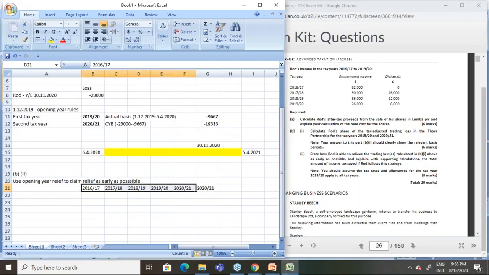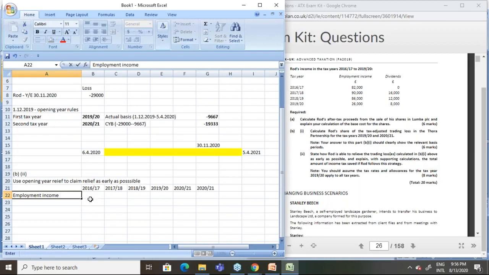So in this situation, we have employment income: 16-17, 82,000 pounds; 17-18, 90,000 pounds; 18-19, 86,000 pounds. And 19-20 also we have 26,000 pounds.